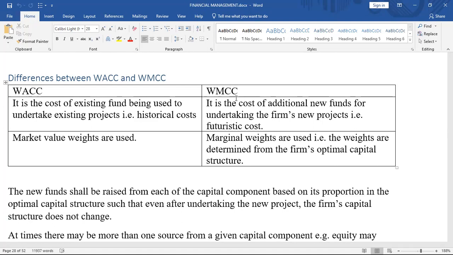Another difference is that market value weights are used for the WACC, but for the WMCC, the marginal weights are used. That is, the weights are determined from the optimal capital structure.